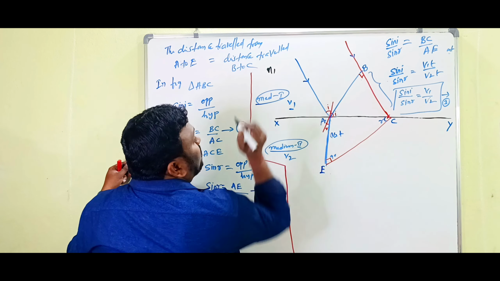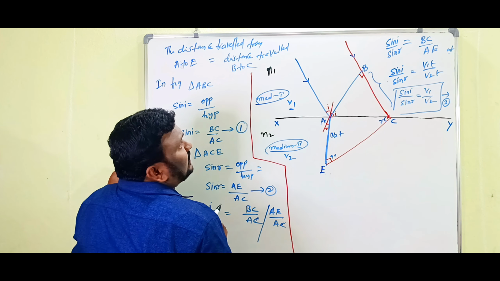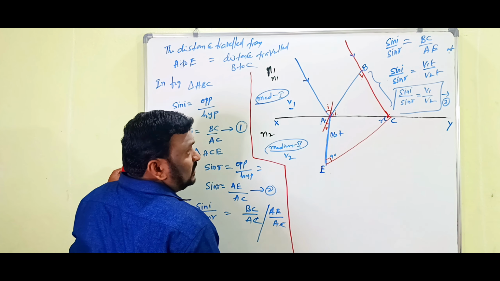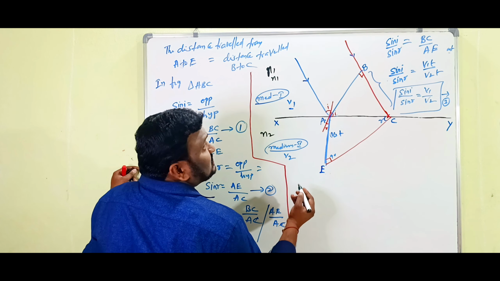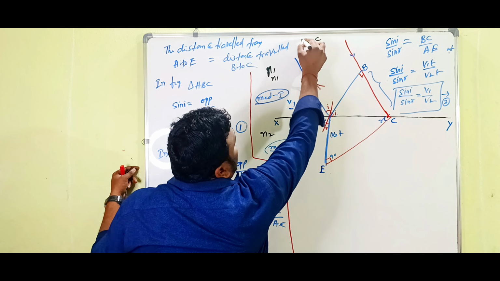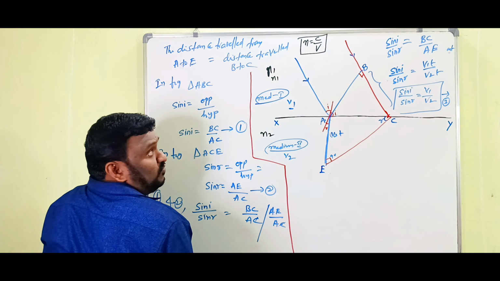n1 is the refractive index of first medium and n2 is the refractive index of second medium. Clear children? So how can we define the refractive index? We define refractive index like this: n is equal to c by v.